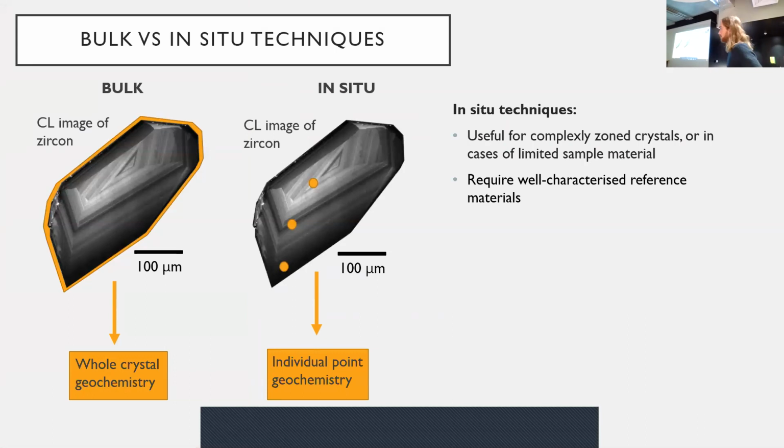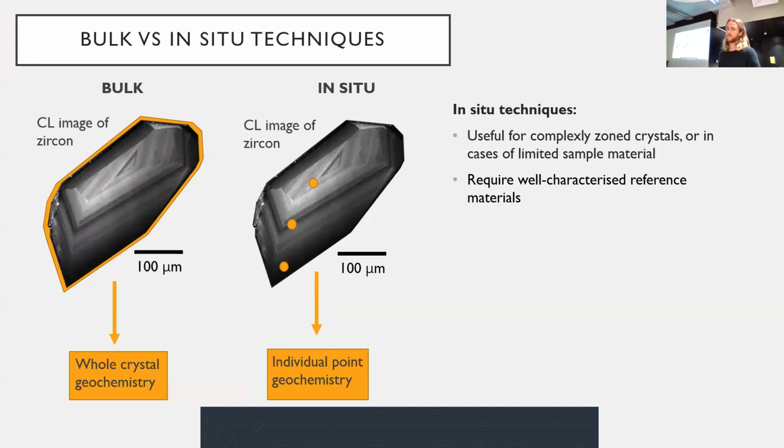We measure these with bulk and in situ techniques. A bulk technique dissolves the whole crystal and you get a really precise geochemical measurement. Whereas in situ techniques measure individual spots across crystals.